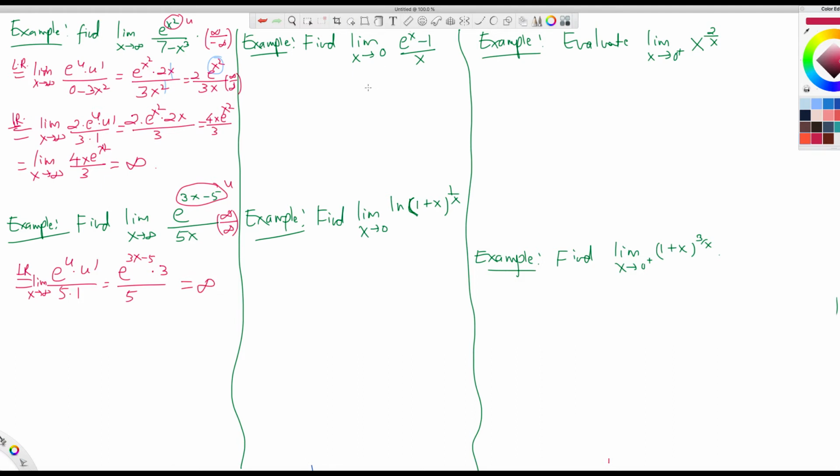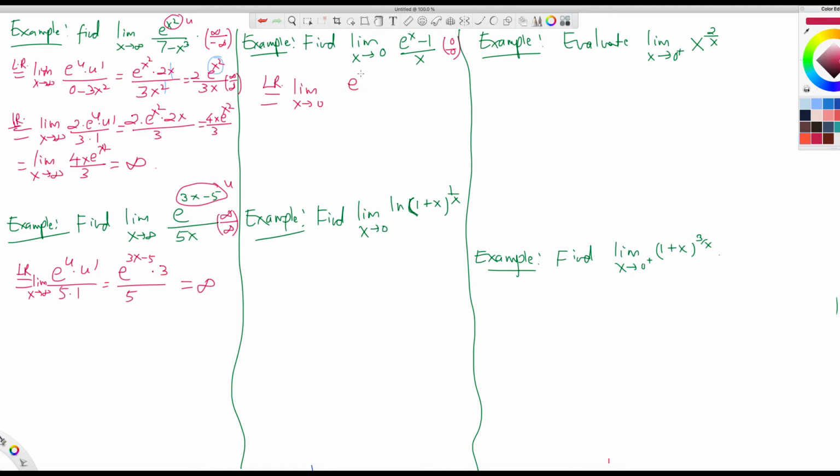Do you remember that I used that formula when I found the derivative of e to the x? The limit as x tends to 0 of e to the x minus 1 over x. Let's plug in the limit directly. You will get e to the 0 is 1, minus 1 is 0, over 0. So I want to use L'Hopital's rule: the derivative of the top separately and the derivative of the bottom separately.